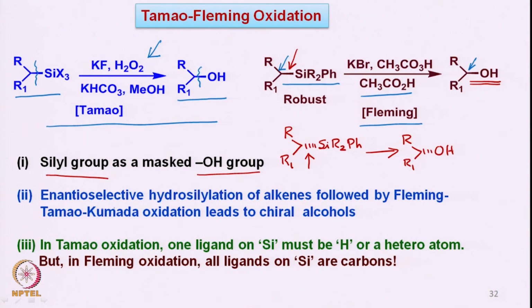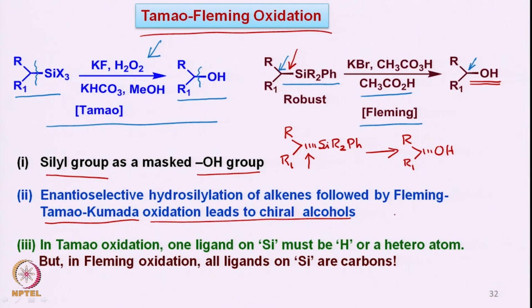So, enantioselective hydrosilylation of alkenes followed by Fleming-Tamao-Kumada oxidation. Of course, Tamao and Kumada did the oxidation together, so this is called the Tamao-Kumada oxidation, but popularly it is also called the Tamao-Fleming oxidation, and it can lead to chiral alcohols.